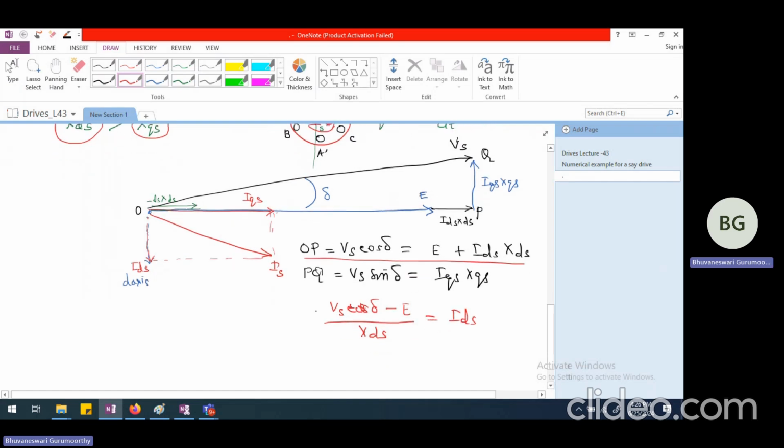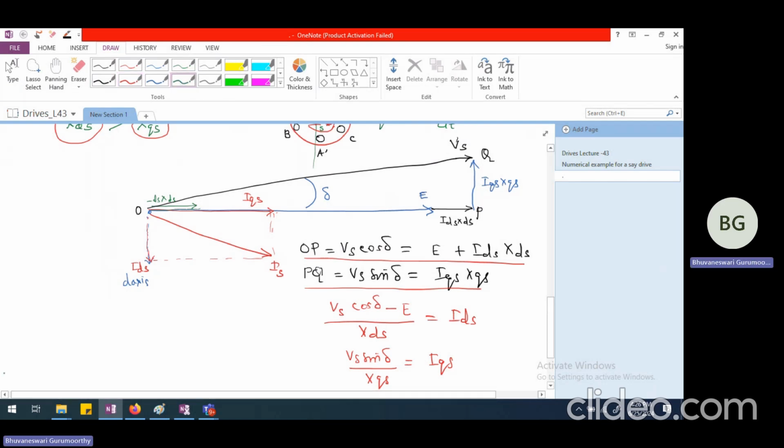Similarly, I can say from the next equation what I have got here, Vs sine delta divided by XQS will be equal to IQS. Okay, so these two equations give directly the value of direct axis component of stator current and quadrature axis component of stator current.